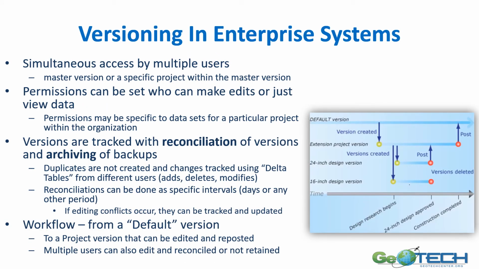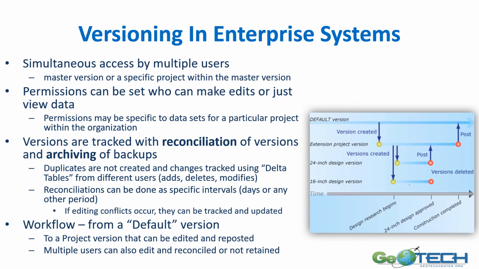Versioning in an enterprise system can get pretty complex, and the little graphic on the right kind of shows that graphically. There's many different ways. You can have simultaneous access by multiple users, or you can have permissions set to who can view and who can edit your data sets.